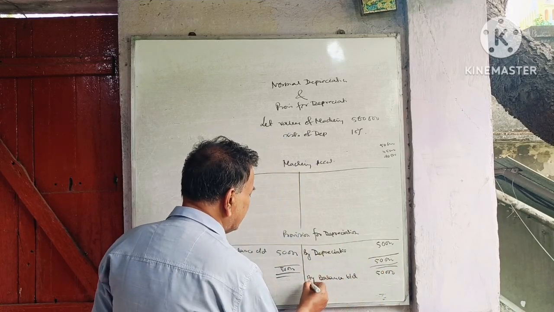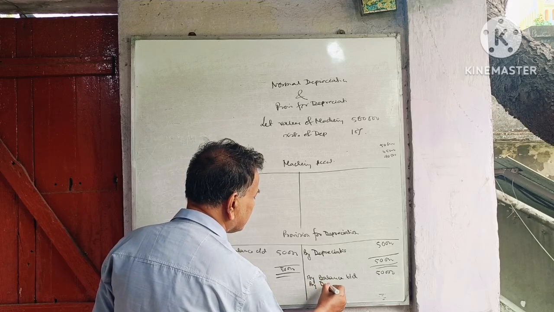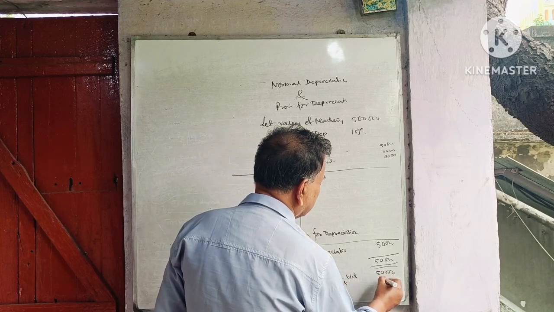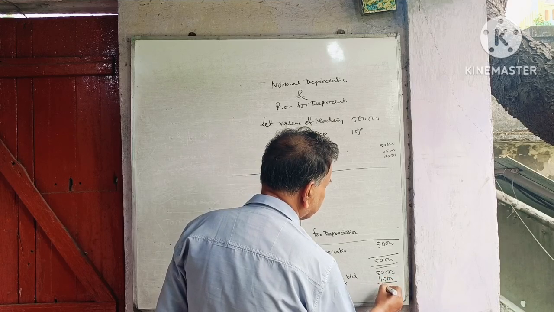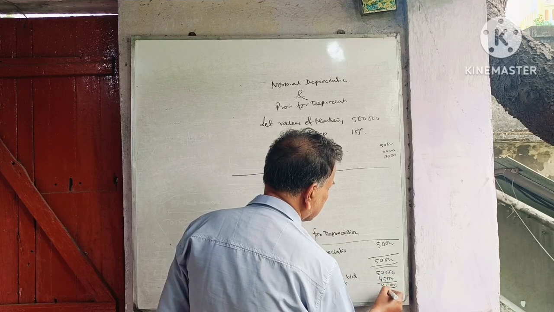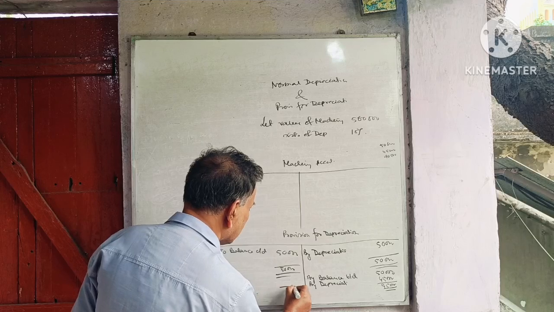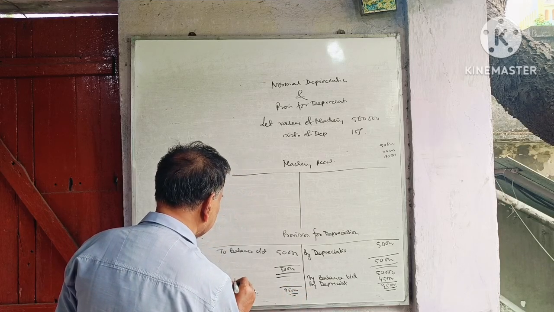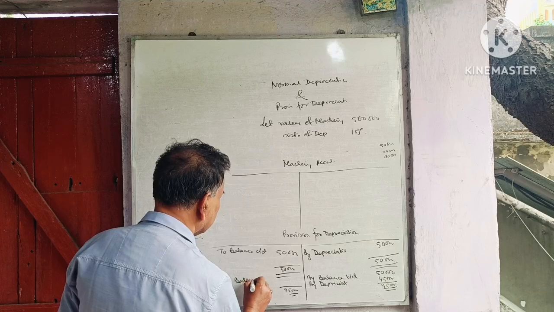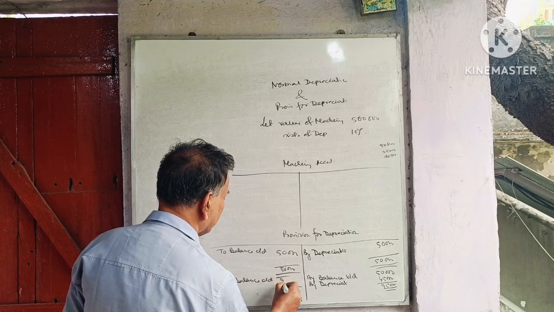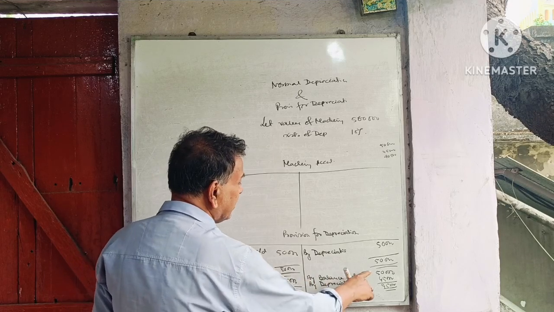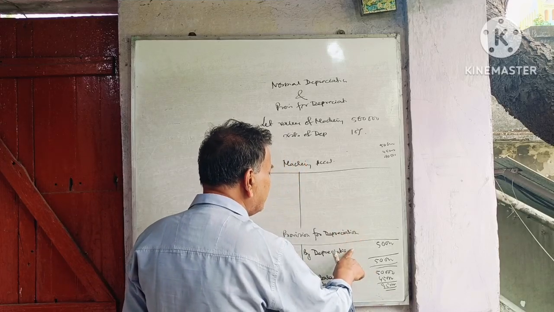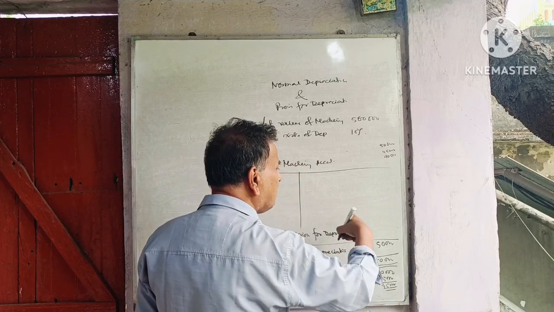In the second year, what is the depreciation? 45,000. Now to close it, please. To balance CD. See it here, in respect of normal depreciation, each and every year depreciation will be transferred to PL.